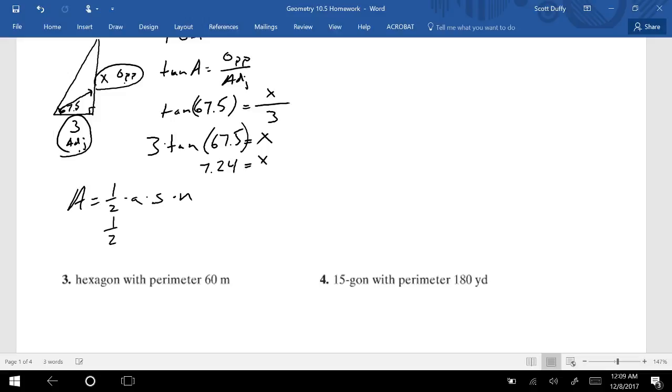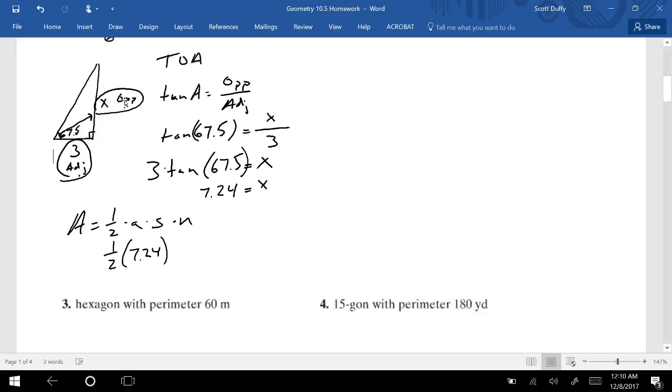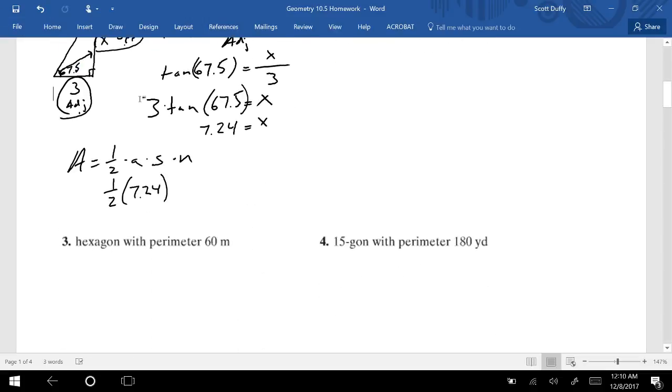So it's going to be 1/2 times 7.24 times the side length, which we said was 6, times the number of sides, which is 8.